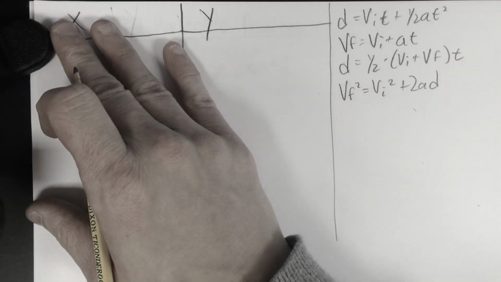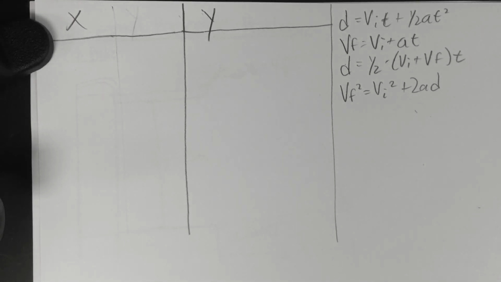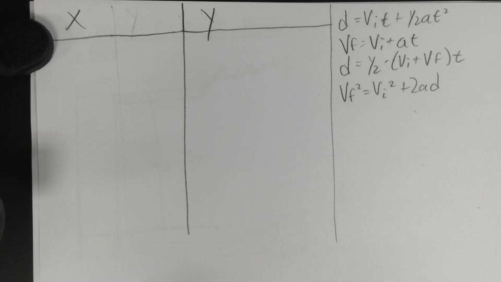First, what I want you to do to solve all horizontal projectile problems is make an x column and a y column. There are calculations that are done in the x direction, and there are ones that are done in the y direction. And you can start off the columns with 3 variables all the time.